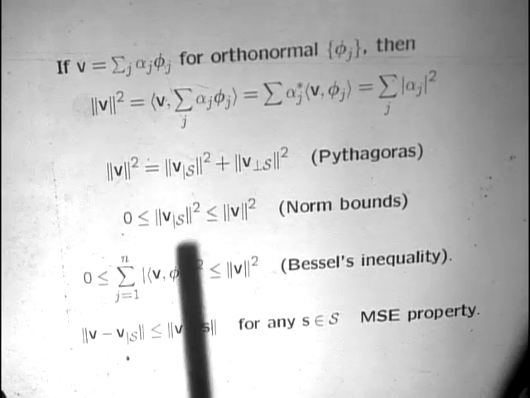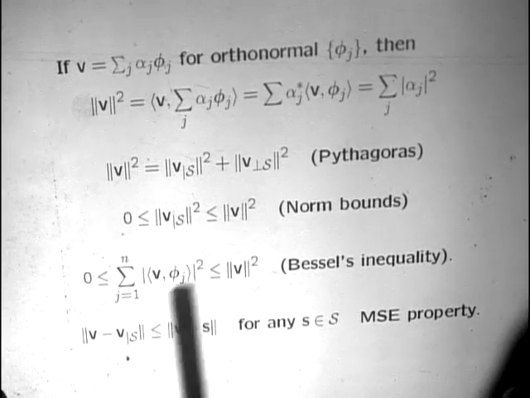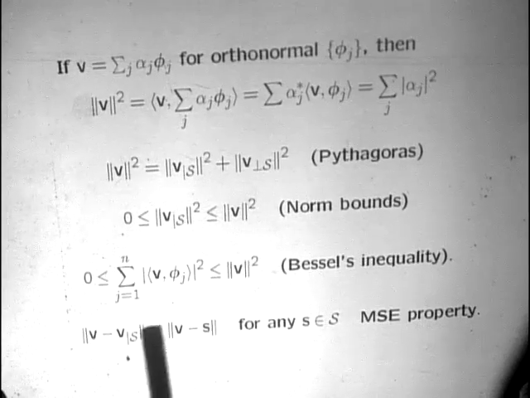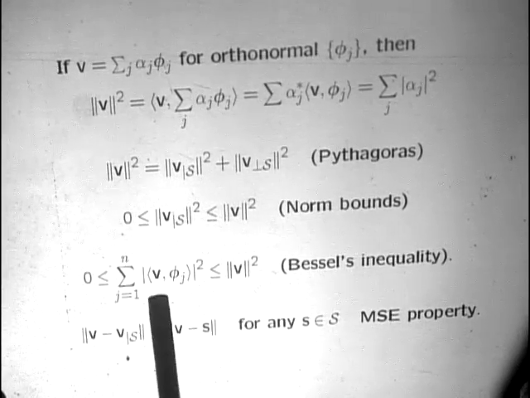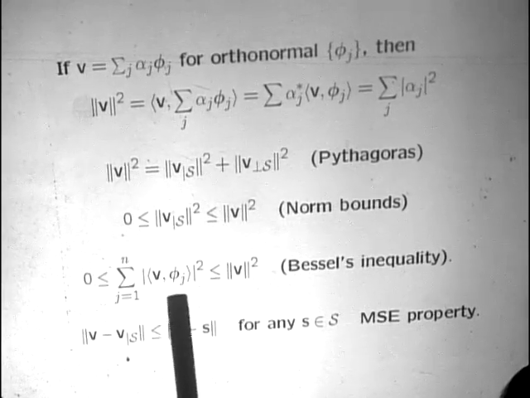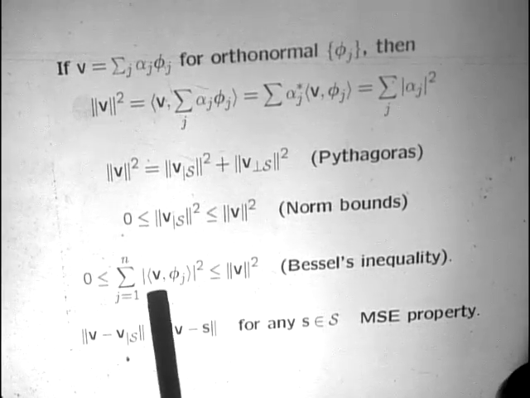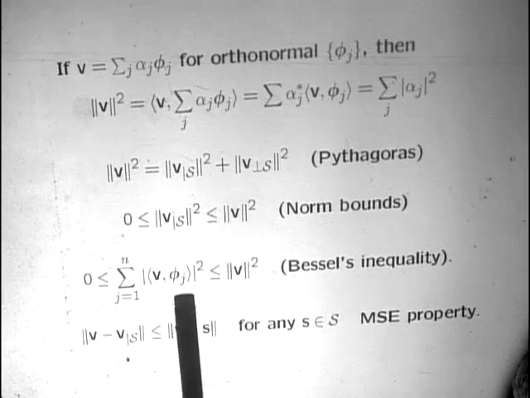When I substitute this for the actual value, what I get is the sum from j equals 1 to n of the magnitude squared of the inner product of V with each one of these basis vectors.